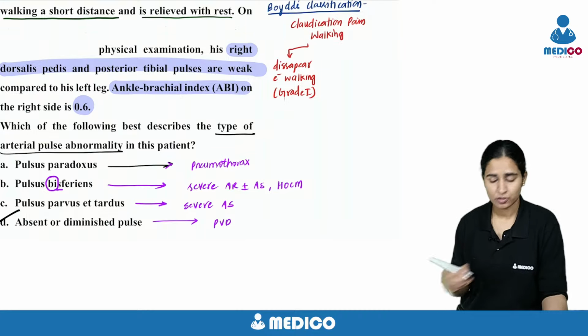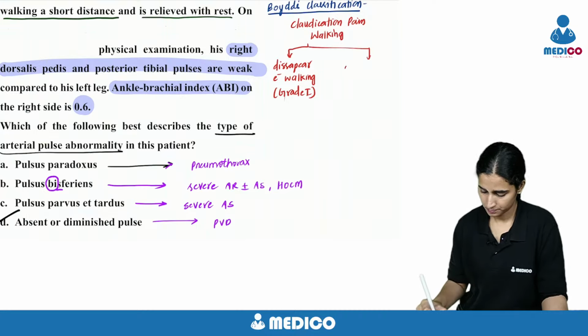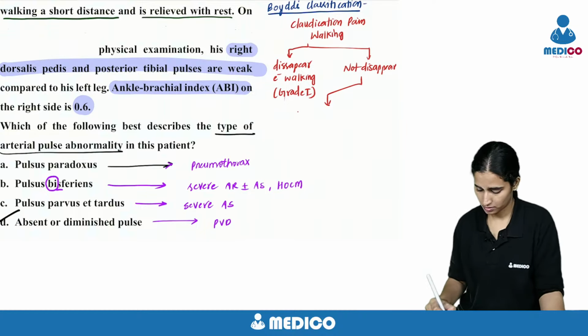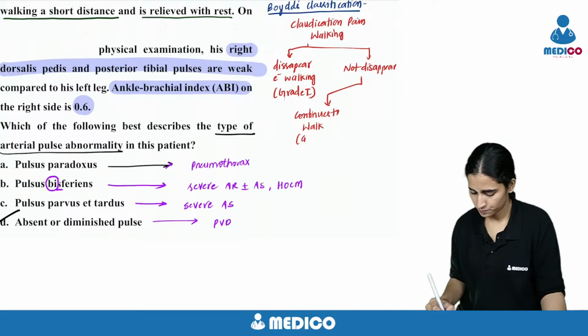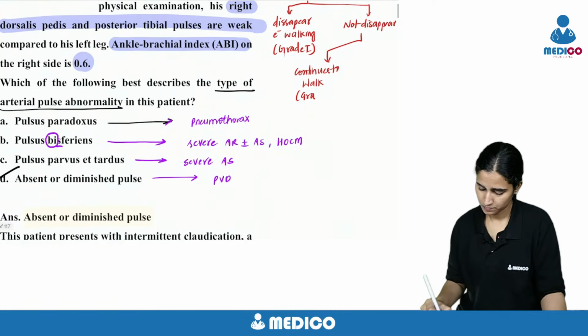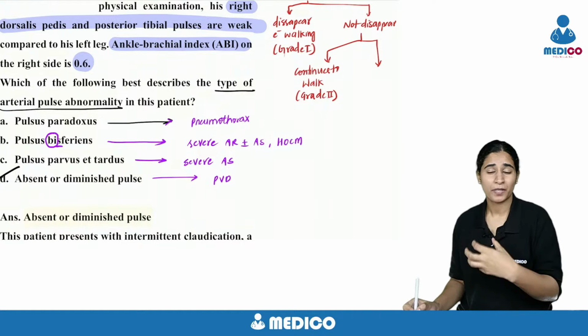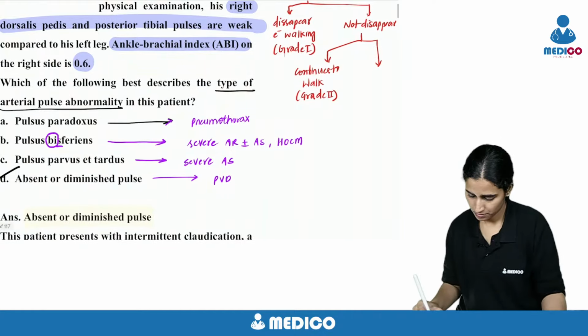No, the pain did not disappear, but with pain, somehow he manages to walk. That is grade 2. No, the pain did not disappear, and because of the pain, he needs to stop. That is grade 3.